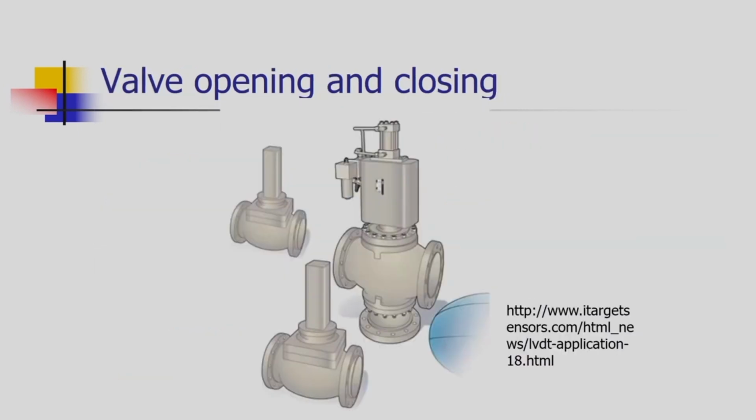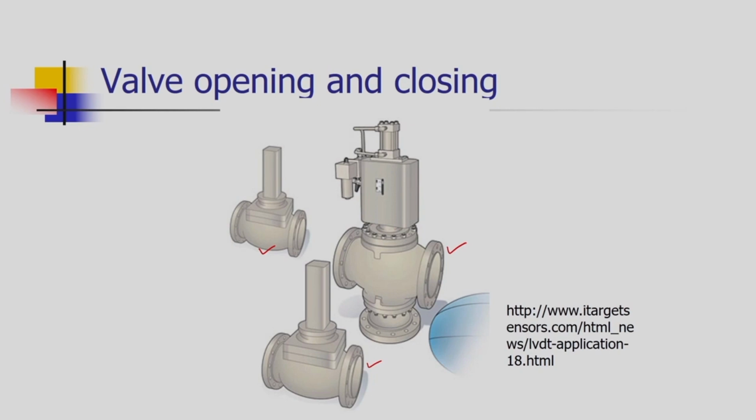One more important application of LVDT sensors. These are very huge valves which are used for controlling the direction of the fluids, the water. To control the flow of water, these huge types of valves are used. These valves' opening and closing is operated by using an electric motor.